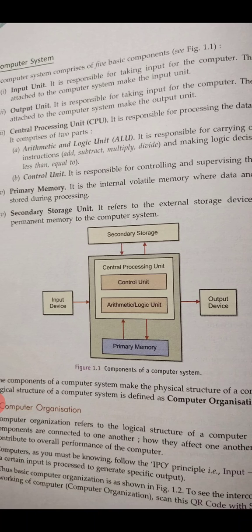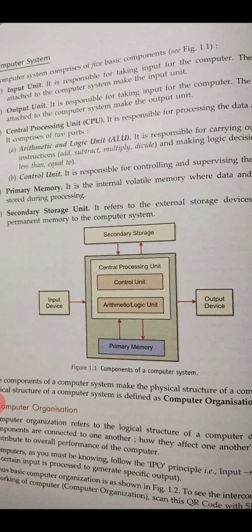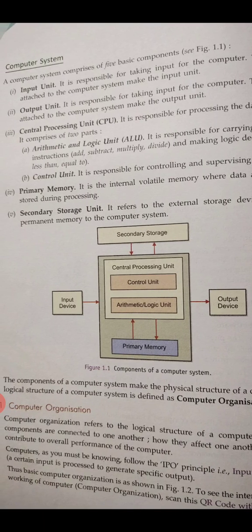So that is volatile memory. Secondary storage is like pen drive, DVD, Blu-ray discs. These things that we use to store data externally are known as secondary storage units.